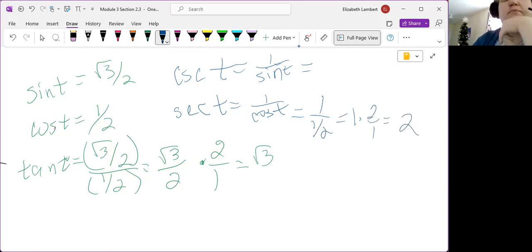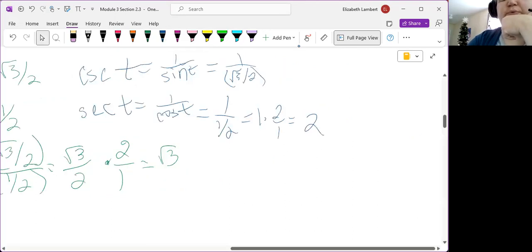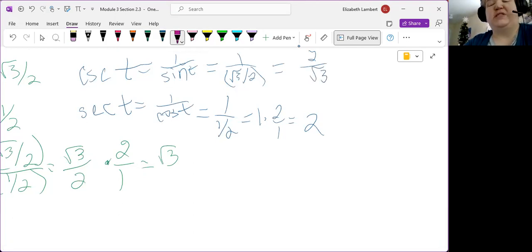Cool. Our cosecant is going to be 1 over the square root of 3 over 2. So the reciprocal of that is 2 over the square root of 3. And then we typically write our answers rationalized.